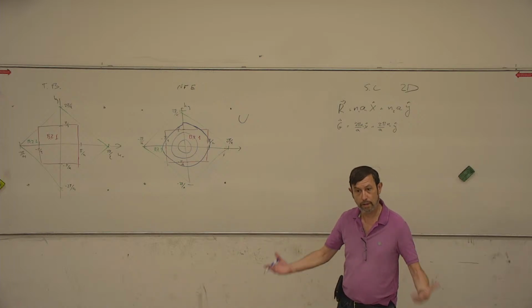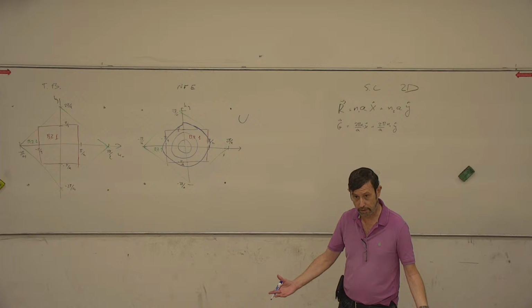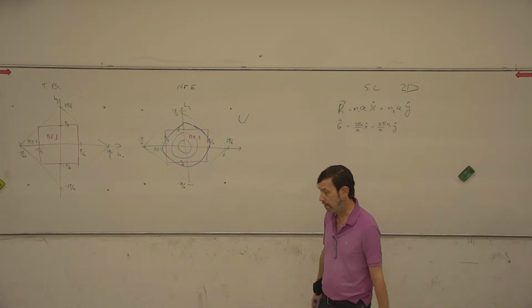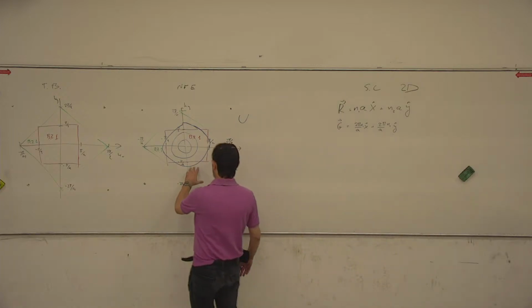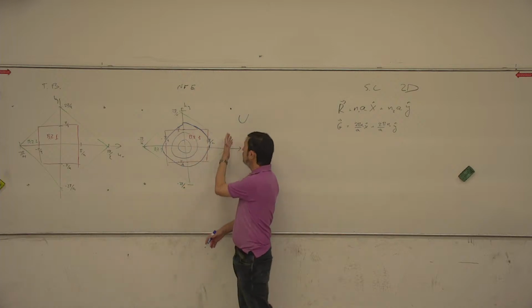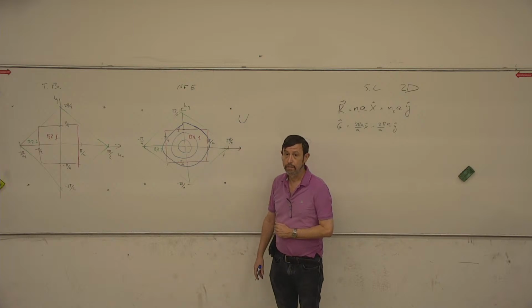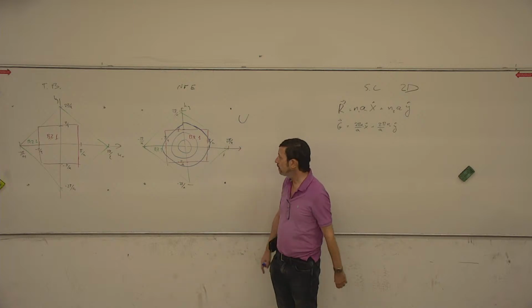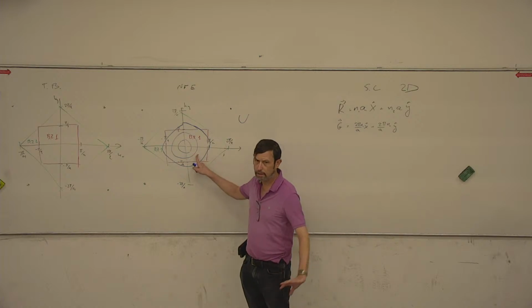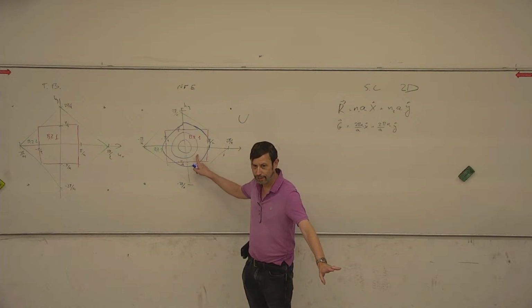So I perform the calculation for a specific potential and get this value U. Okay, so what changed? Well, for the first and the second circle, nothing changed.